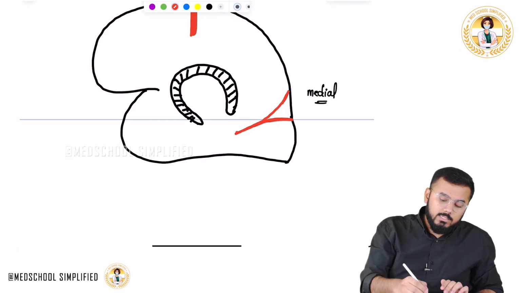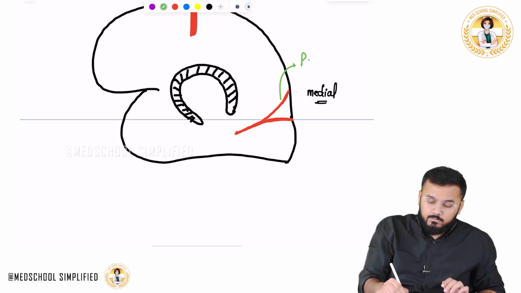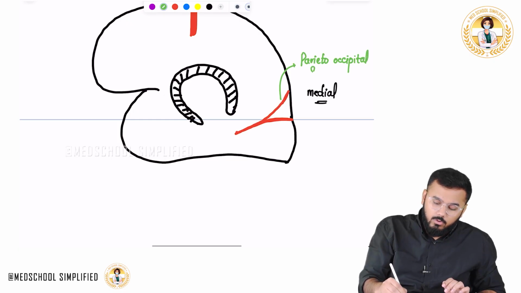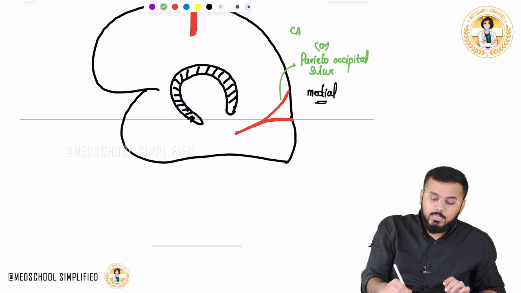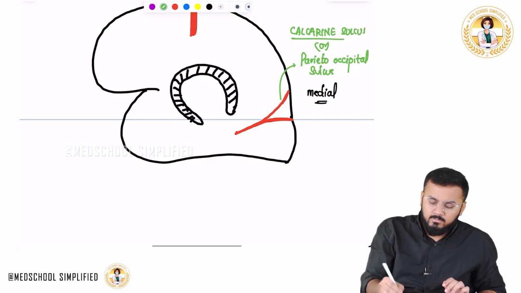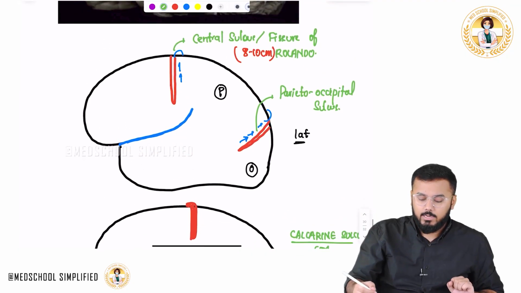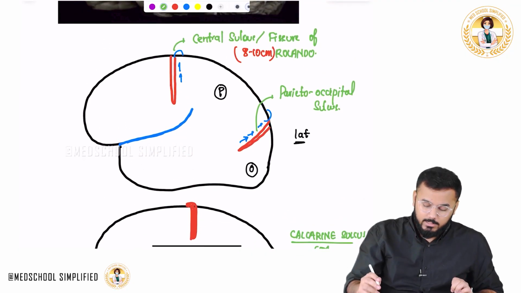You see, so this is also your parieto-occipital sulcus, or you can also call it the calcarine sulcus, right? So parieto-occipital sulcus or calcarine sulcus.